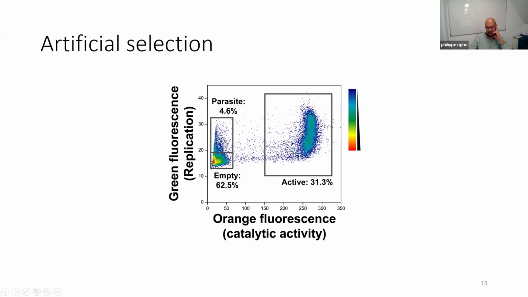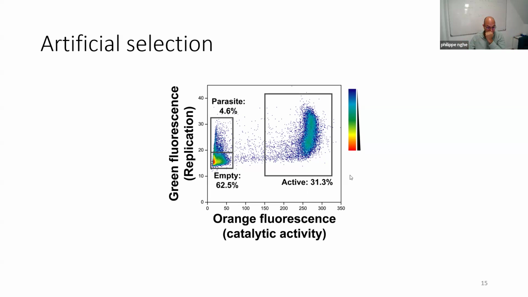If you have already done FACS with cells, this is the same type of plot you get. We can have the catalytic activity due to the cleavage of the substrate RNA, which is the orange fluorescence. And then the green fluorescence is a marker of RNA, which tells us how much RNA there is after replication. And so we have different categories of RNA depending on how much they are replicated or how much they are active.